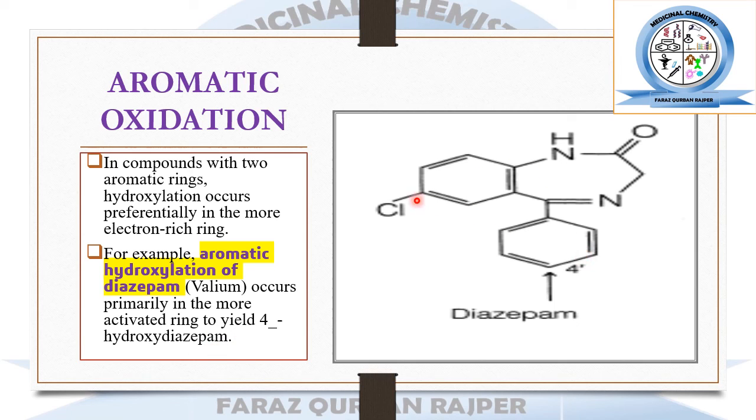You may observe that in this ring chlorine is present, and in our previous slide we discussed that chlorine is one of the ring deactivating groups. So at this ring there will be lesser chances of aromatic oxidation. But on the other hand, this aromatic ring does not contain any chlorine or other ring deactivating functional groups. So the aromatic hydroxylation can take place at this ring at this fourth position.